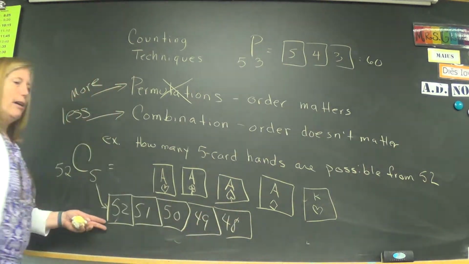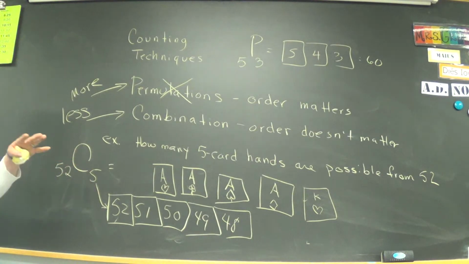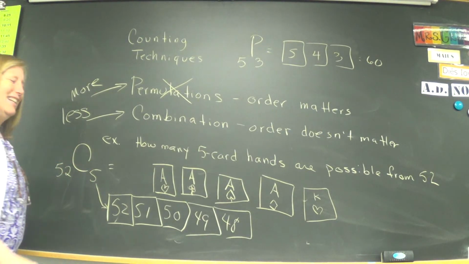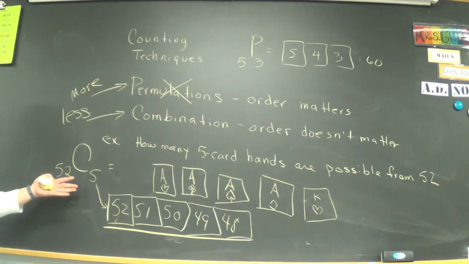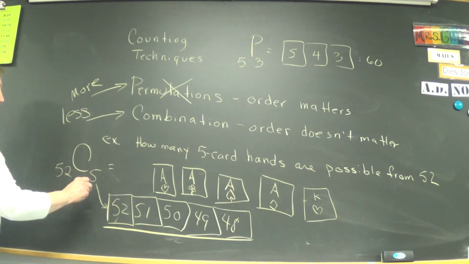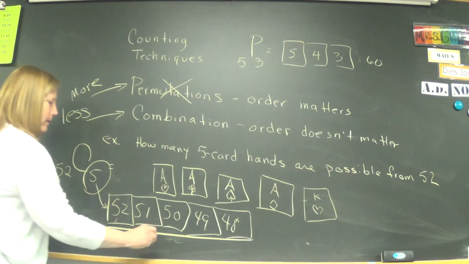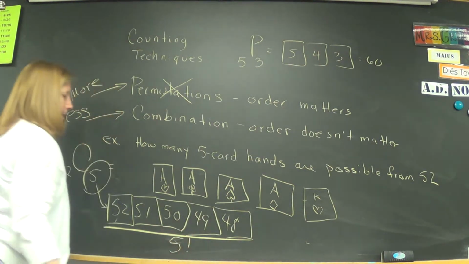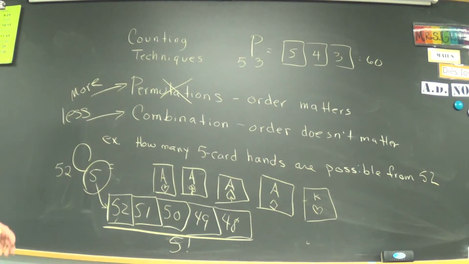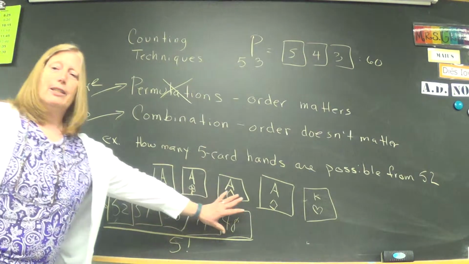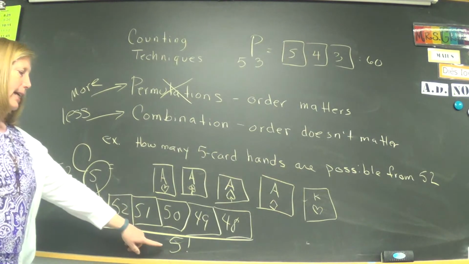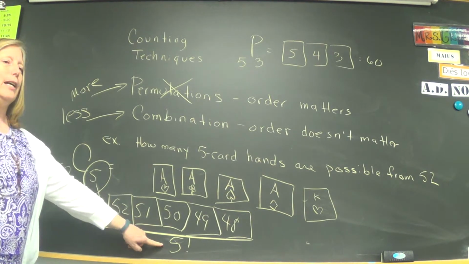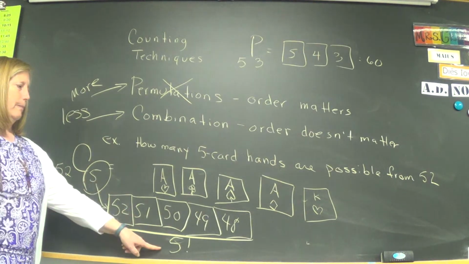But that's how I would do a permutation. And I just told you there's a lot less. And so what I need to do is divide that number by something to get it correct. And it's always this number factorial. So I calculated just like permutations, but then I lower it because I expect it to be a lot lower. And it's always right if you divide by this number factorial.